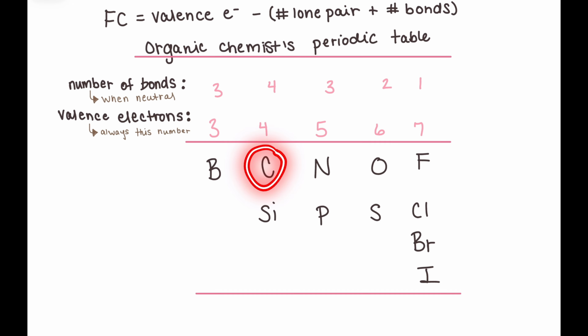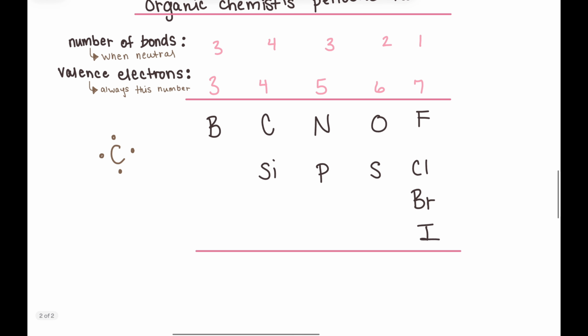First and foremost, carbon will always have 4 bonds. Remember that. Carbon has 4 valence electrons. And so, when it is neutral, it will have its 4 bonds.